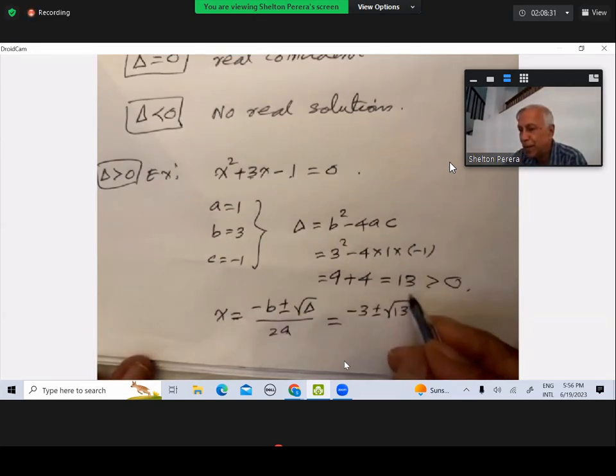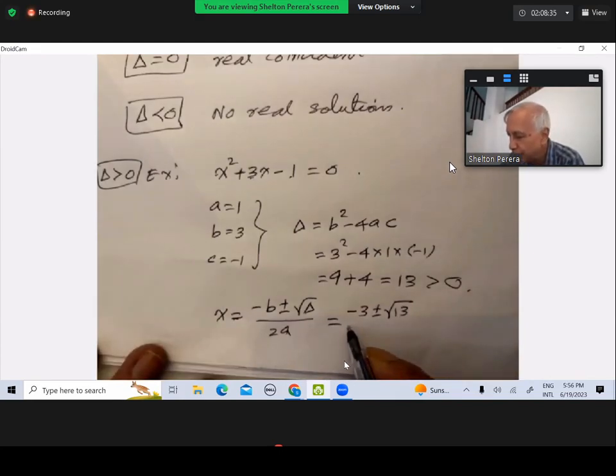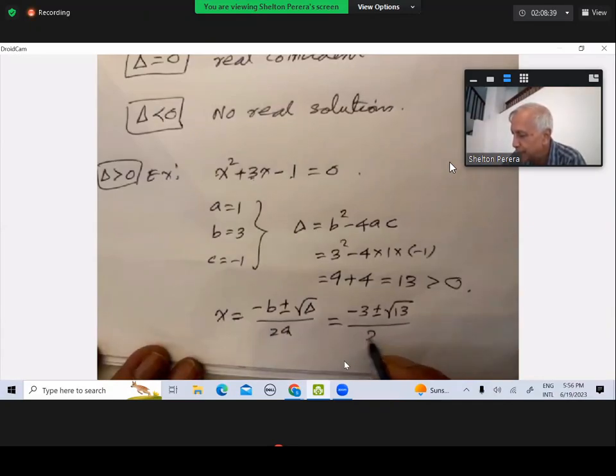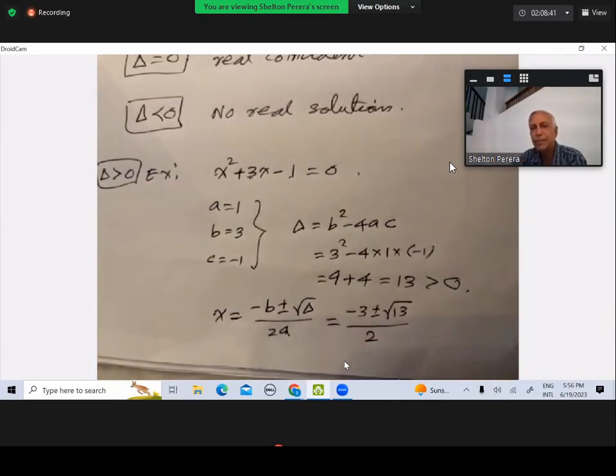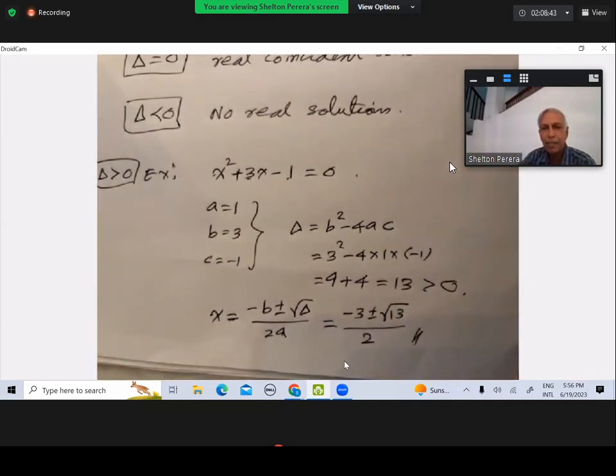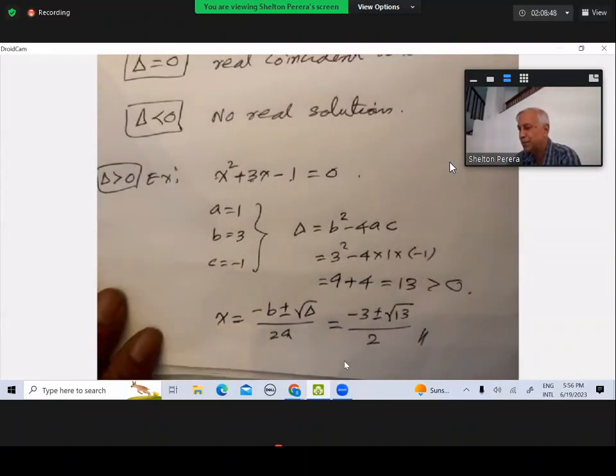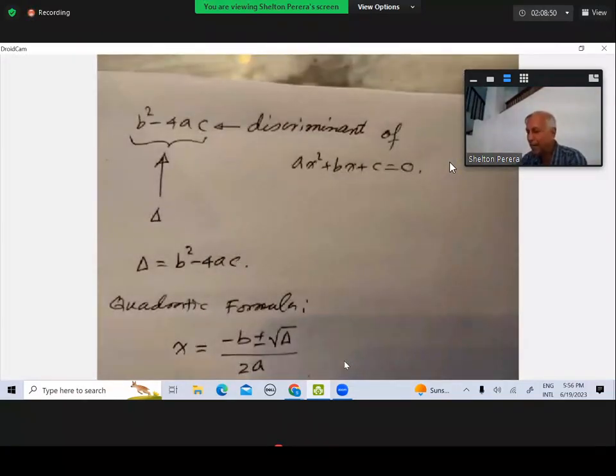If this were like square root 16, then it would be 4. But square root 13, you have to just keep it there. These are the solutions. So now you can all solve things using the quadratic formula. Delta greater than 0.